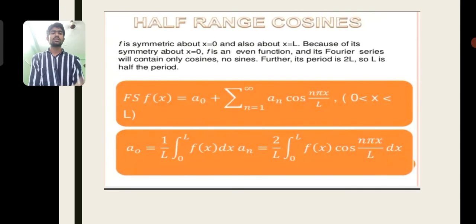Now the half range cosine series. If f is symmetric about x equals 0, and also about x equals L, then f is an even function.